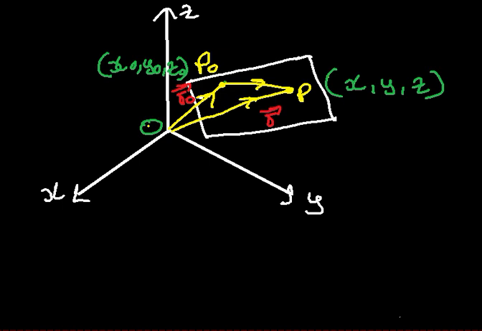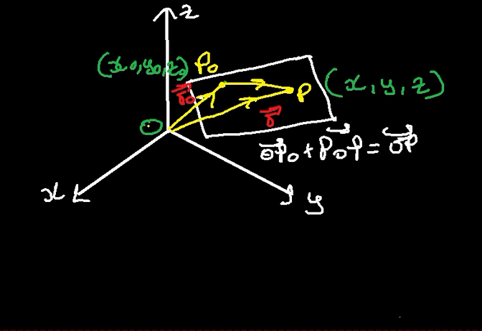Now let's think of having the triangle of adding vectors. You see that the vector OP naught plus the vector P naught P is the same as vector OP. That is according to the triangle of adding vectors.